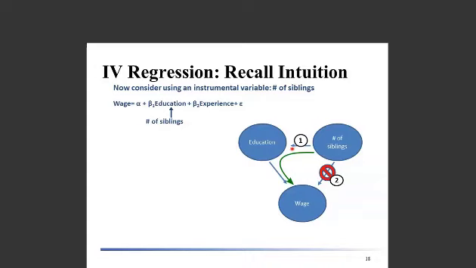But to the extent that we think that ability is what's driving endogeneity and ability is innate, we wouldn't think that having more siblings makes you more or less able. So number of siblings should not be directly influencing wage.